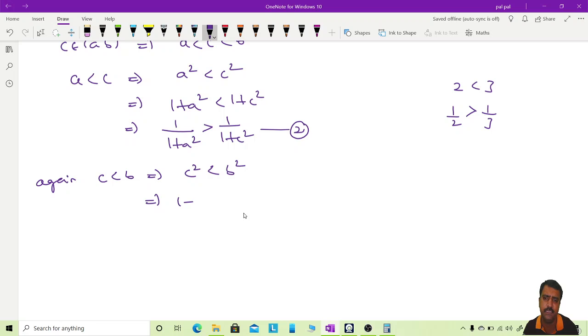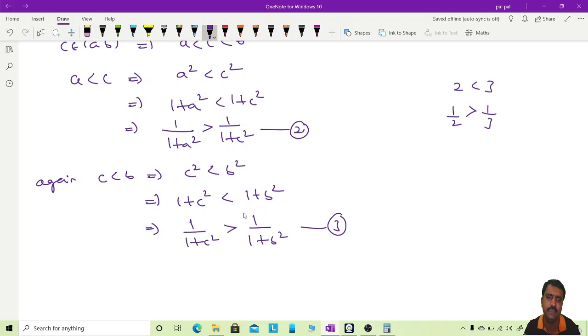Add 1 on both sides: 1 plus c square is less than 1 plus b square. So taking the reciprocal, 1 by 1 plus c square is greater than 1 by 1 plus b square.